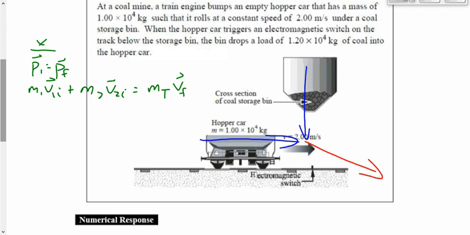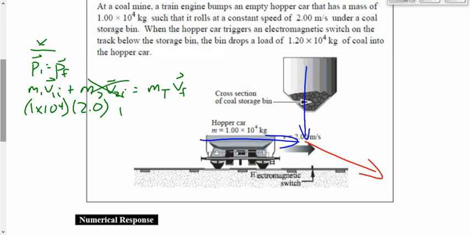All right, let's step in some numbers here. M1 is the mass of the hopper car, that's 1 times 10 to the 4 kilograms, times v1i, which is 2.00 meters per second. M2 is 1.2 times 10 to the 4. What's v2i? As I look at the x-axis here, 0, because it's moving downward. We don't even know how fast it's moving downward, but we know it's moving just downward.